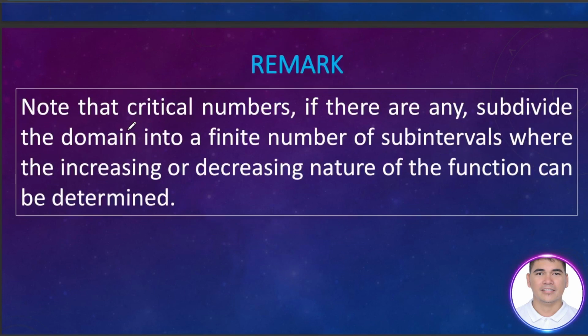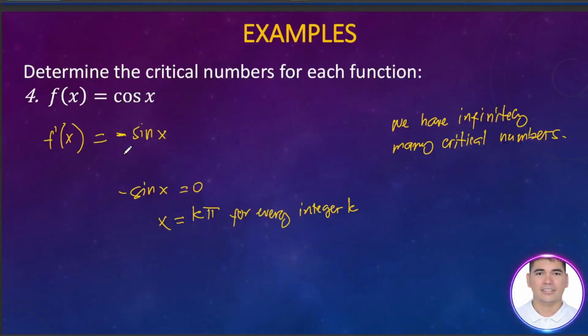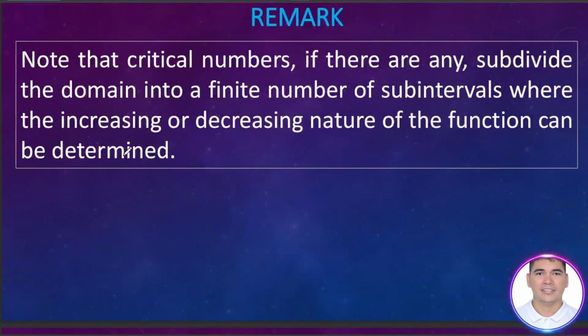Take note that the critical numbers, if there are any, subdivide the domain into a finite number. So, for example, sa last example natin, we have many critical numbers, infinitely many. So, we can subdivide that one to the domain into a finite number of subintervals where the increasing or decreasing nature of the function can be determined.